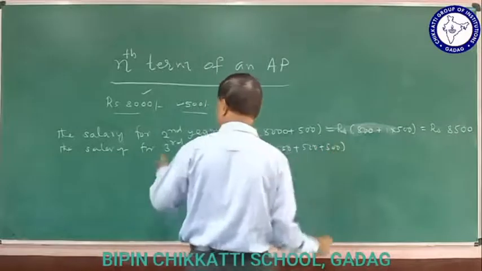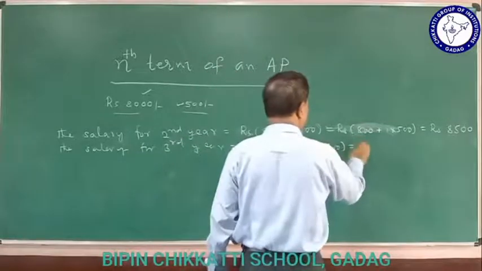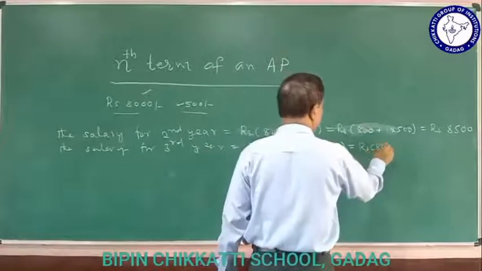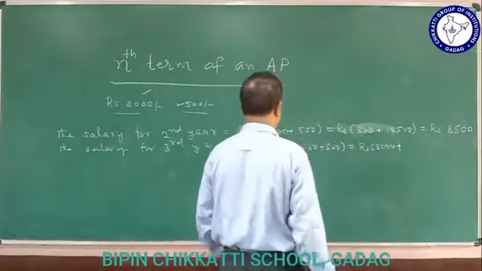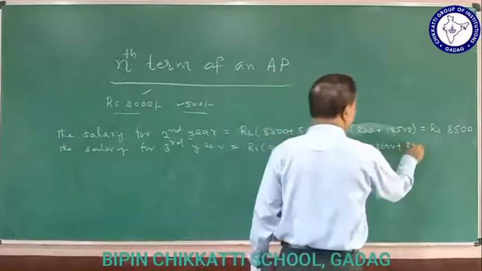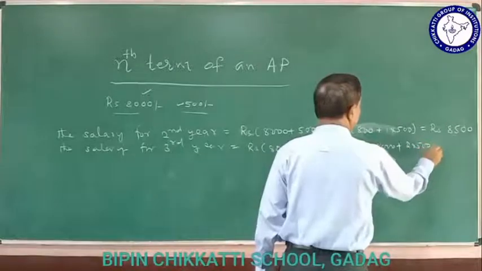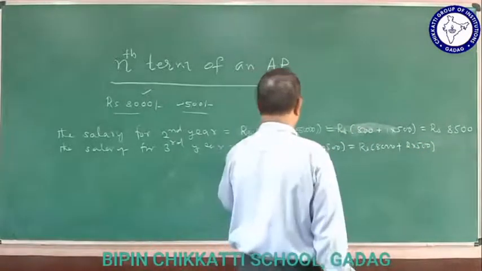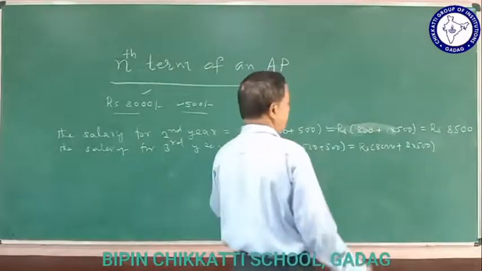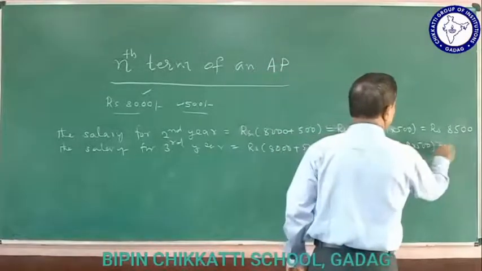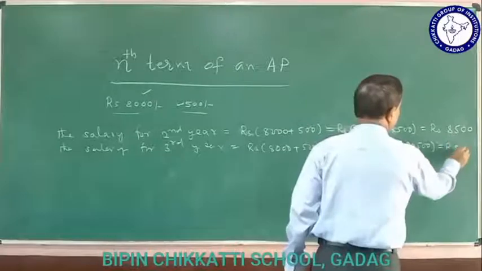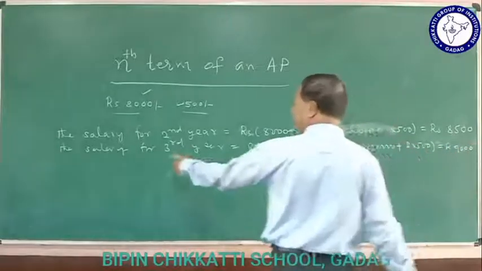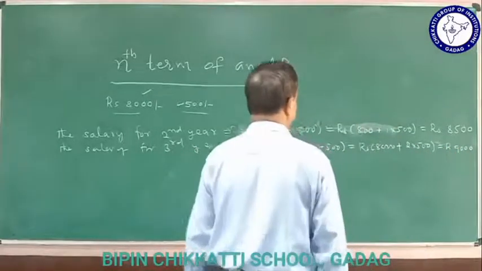So what does this come to? Rs 8,000 plus 2 into 500, and 2 into 500 is 1,000, so it becomes Rs 9,000. The salary for the third year is Rs 9,000.